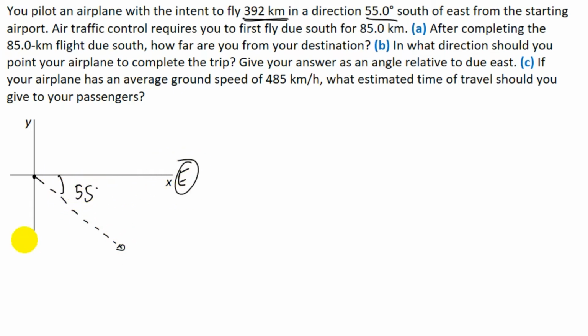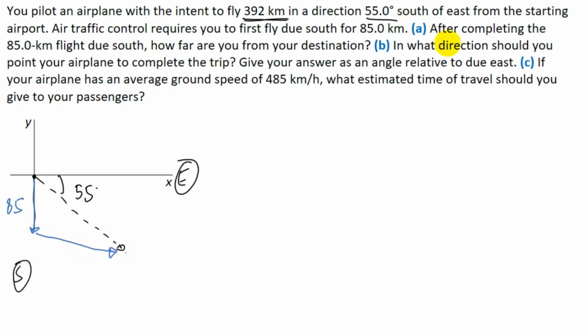This is our east direction and this is our south direction, right? Now but the ATC, the air traffic control, requires you to first fly due south for 85 kilometers. So what the ATC wants is that you should first fly like this for 85 kilometers, and after completing 85 kilometers you can fly to your final destination. So you'll fly something like that.